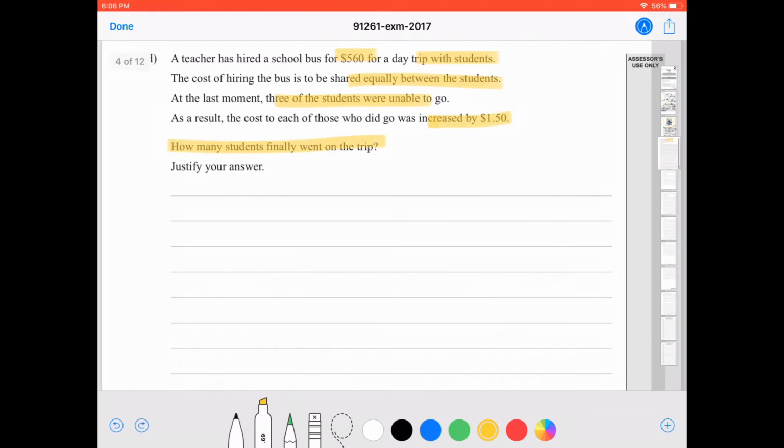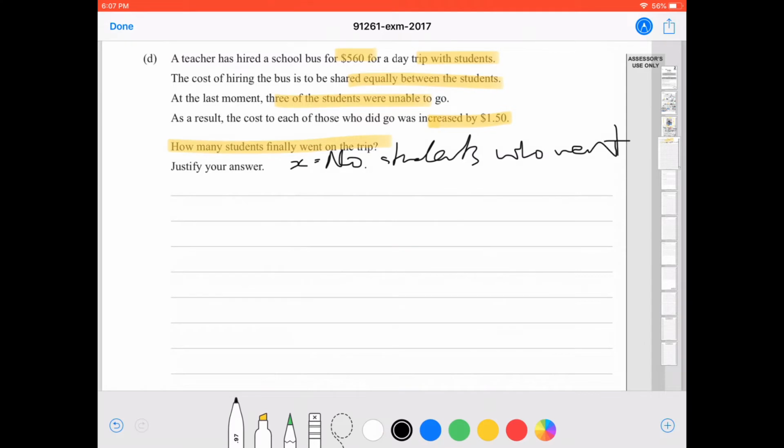So let's say we have to come up with some variables and some equations. So let's say first of all x equals the number of students who went on the trip, right? Number of students who went. Well, let's work through it methodically. We've got hired a bus for $560 for a day trip with students.